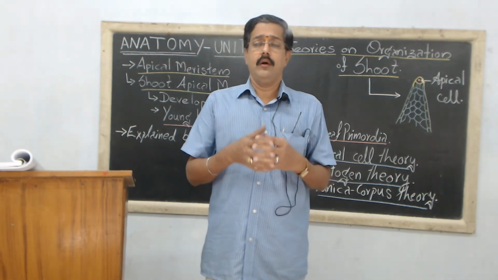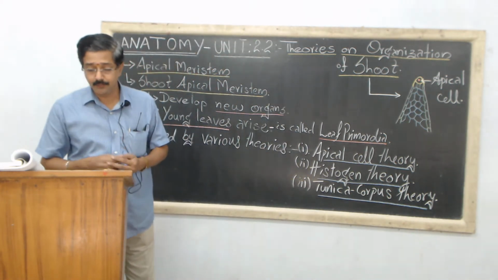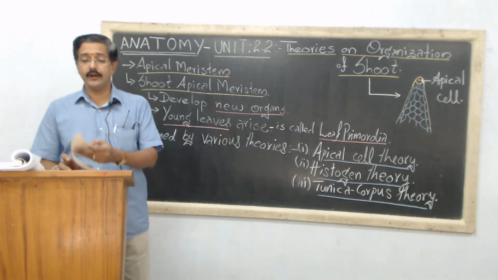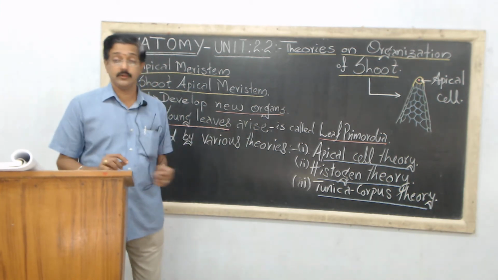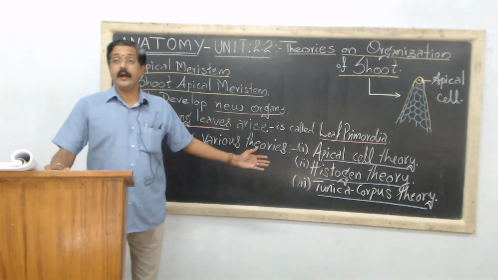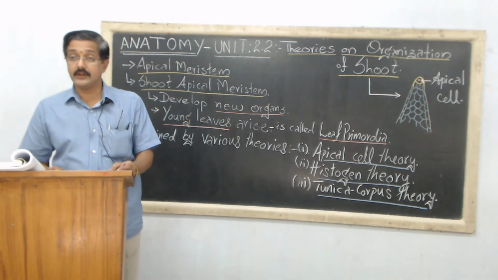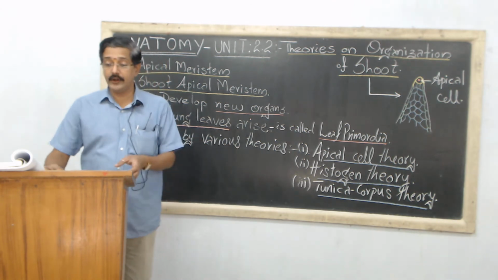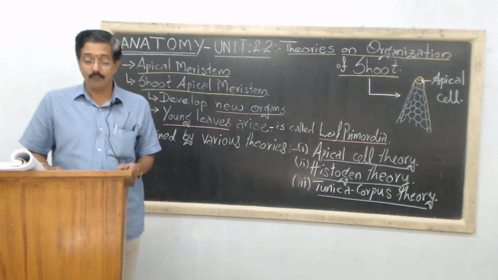So the three theories were proposed by various botanists, and here you can see the first, apical cell theory, which was proposed by Nageli in 1878, and the second one, the histogen theory, was proposed by Hanstein in 1868, and similarly the third one, the tunica corpus theory, was suggested by Schmidt in 1924.